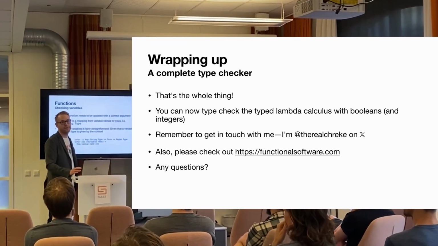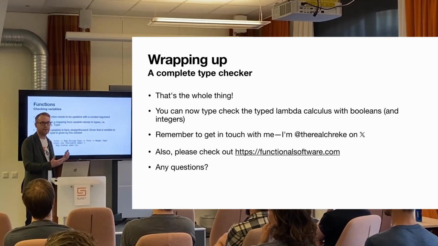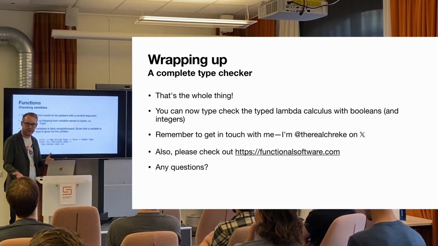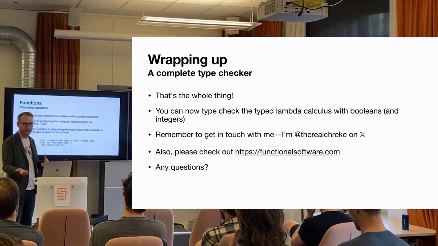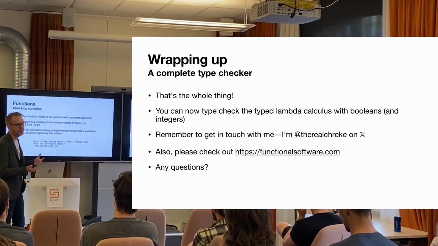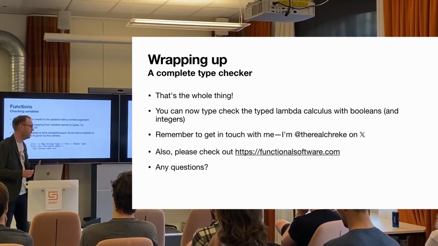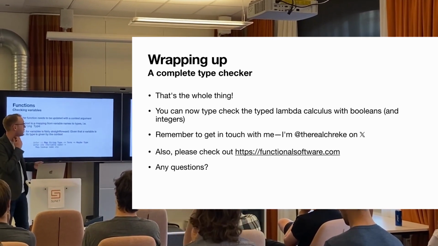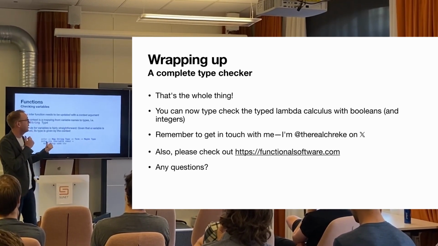So the question was, why don't we just assume that the body of the function is well typed? Because then we don't need to have a type annotation for the output. And that's perfectly viable.